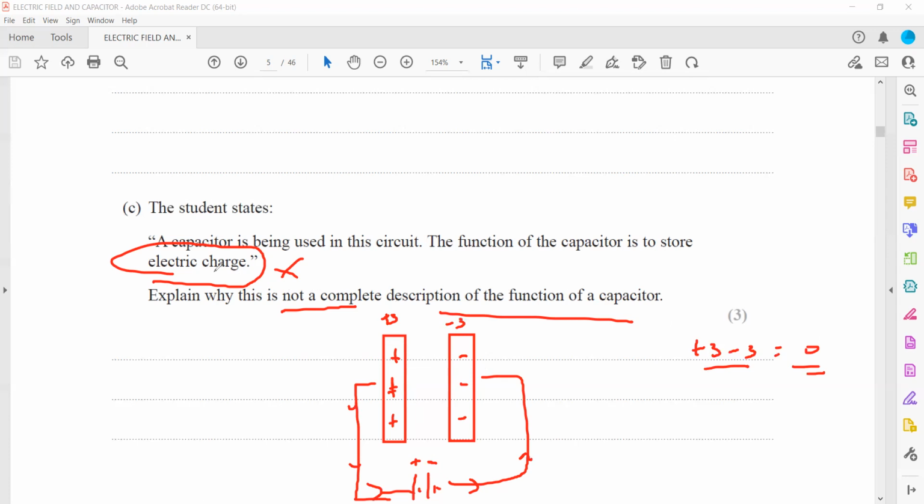So we don't say a capacitor is used to store charge. We say a capacitor is used to separate the charges and store electrical energy. But we never say a capacitor stores charge, because the overall or net charge is 0. So this is not a complete description because the net charge on the capacitor is 0.